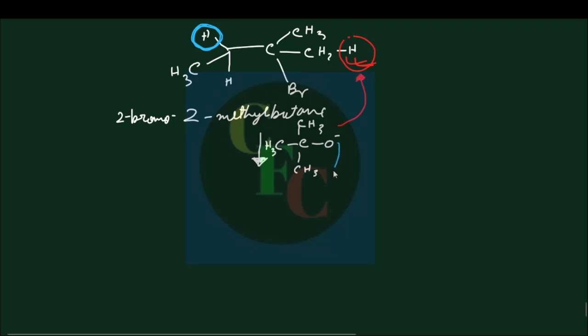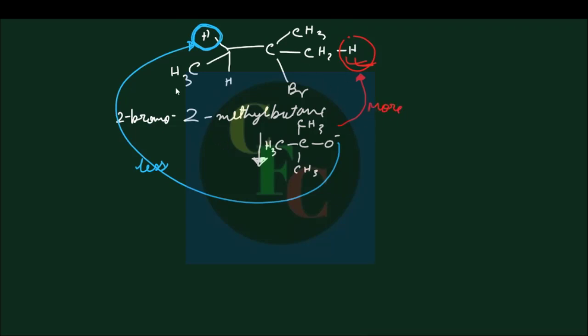So this will be much less feasible, and this will be much more accessible. As such, if the same 2-bromo-2-methyl-butane is subjected to elimination with a bulky base like tertiary butoxide, this will give rise to the less substituted product as the major product.